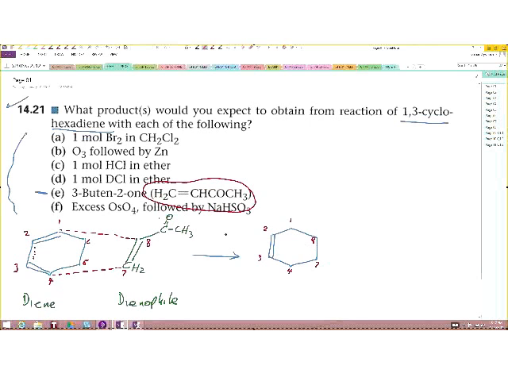Now we now have this group here. This group here will now be here. Of course, we know on carbon 7, all we have is 2 hydrogen atoms, right? Okay.